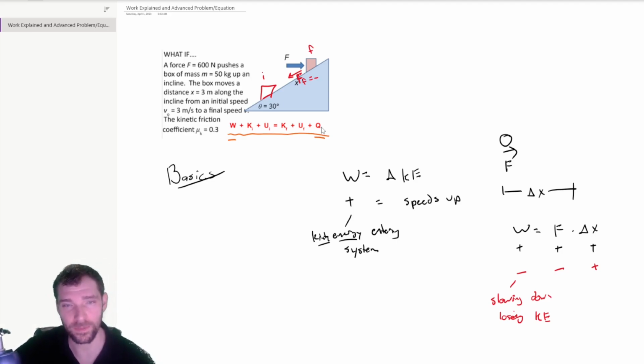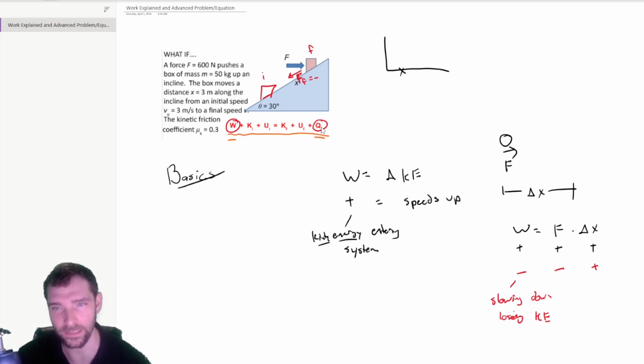So this problem is basically saying you're adding some work to the system, and there's some work being lost due to that friction. And they've got those on those two sides of the equation. You could also think about this like, at first I have no kinetic energy, and it's all potential energy for whatever height we're at here.